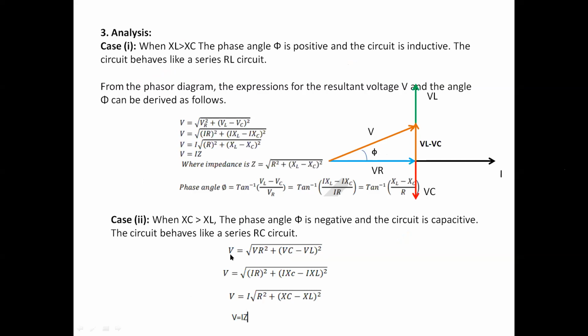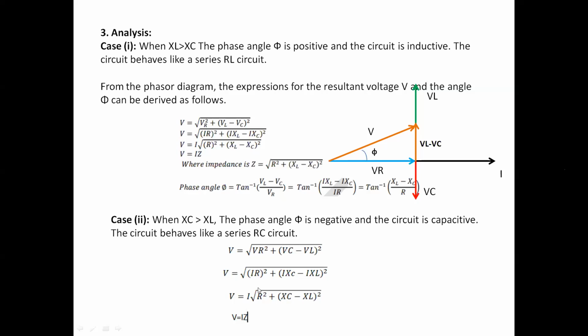The resultant being the hypotenuse, which is V, is equal to under root x square plus y square, x being the resistive drop and y being the difference of Vc minus VL. When you simplify, once again you will get V is equal to I into Z.